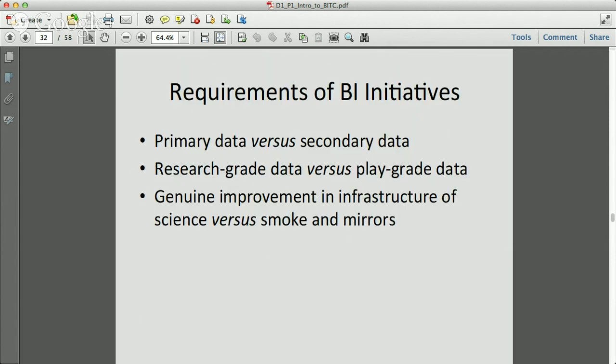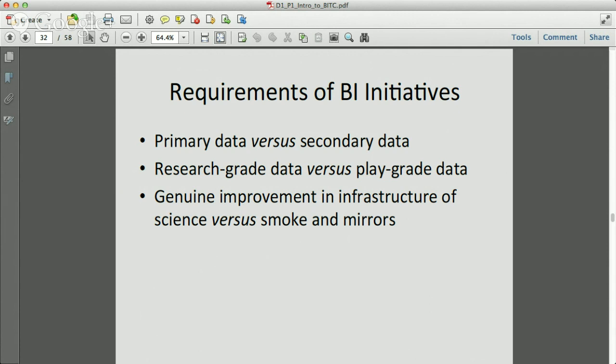So when we talk about BI initiatives, biodiversity informatics initiatives, what we're talking about is connecting information streams. And we really should have a set of basic requirements. And this applies to initiatives that are about informatics, initiatives that are about biodiversity conservation, and for this course, initiatives that are about public health.